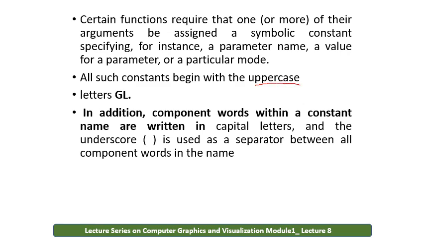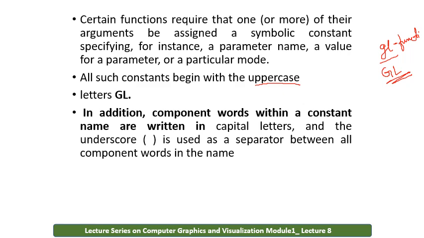In the last slide we studied the lowercase gl, which we call GL functions. Next, these are the parameters, the symbolic constants, and they begin with the capital letters GL. So these two are lowercase and uppercase.